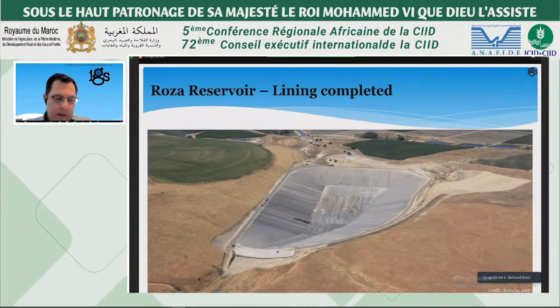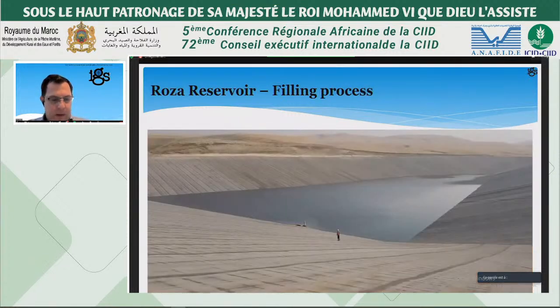So again, here in this case, the lining system remained exposed. The installation of the geomembrane for this project began in March 2017 and ended at the end of August the same year, within the budget and in time.